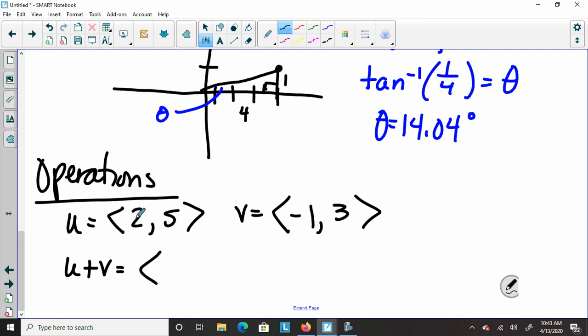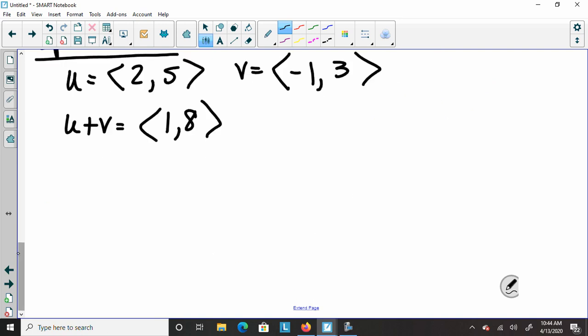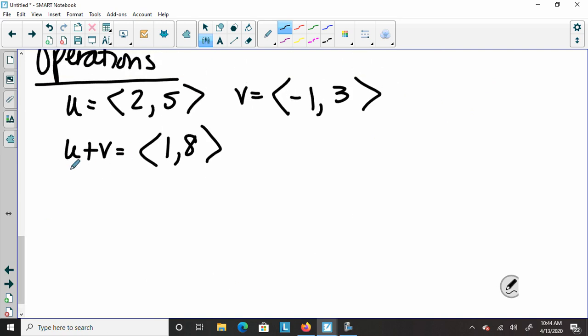So u plus v: 2 and -1 is 1. 5 plus 3 is 8. So the same thing goes with subtraction, also with scalar multiplication, and you can also do some combinations.